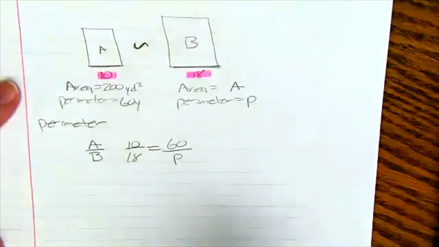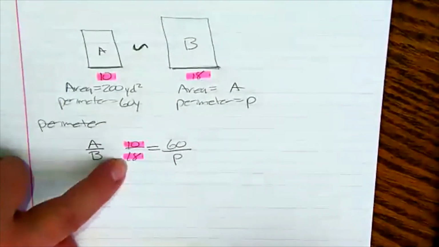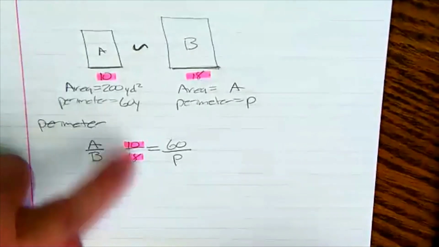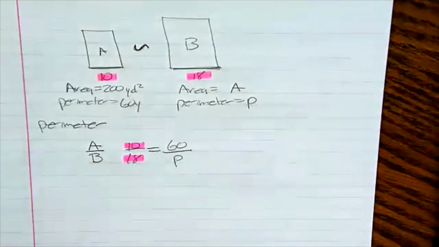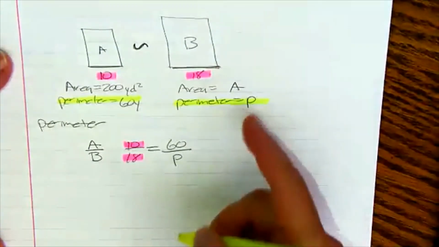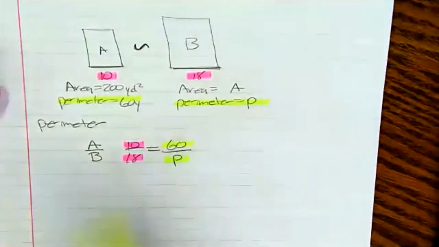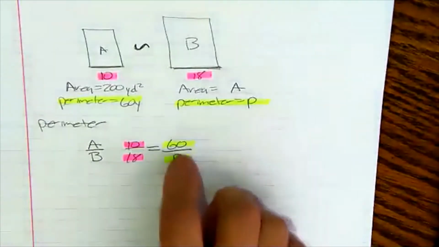Here's the length of A and the length of B. The length of A over the length of B, corresponding parts. And then we're talking about the perimeter of A and finding the perimeter of B. So the perimeter of A over the perimeter of B.